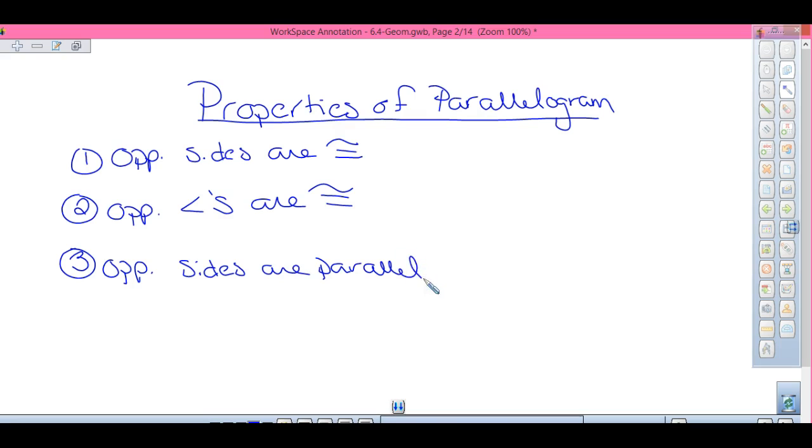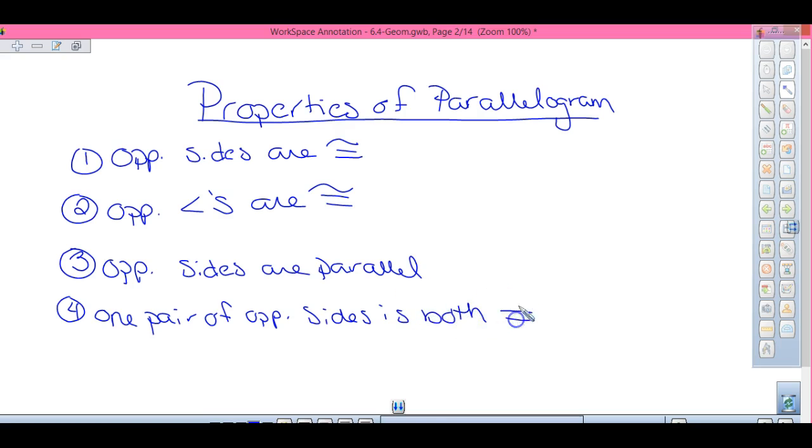What else? Yep, one pair of opposite sides is both congruent and parallel. The diagonals bisect each other.